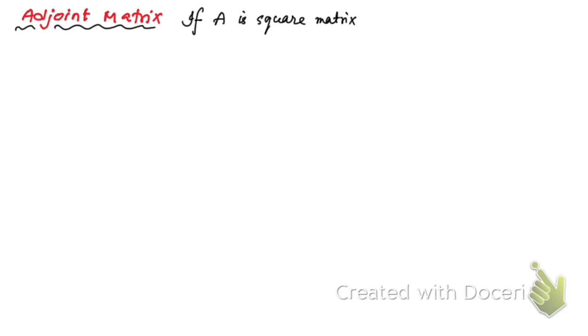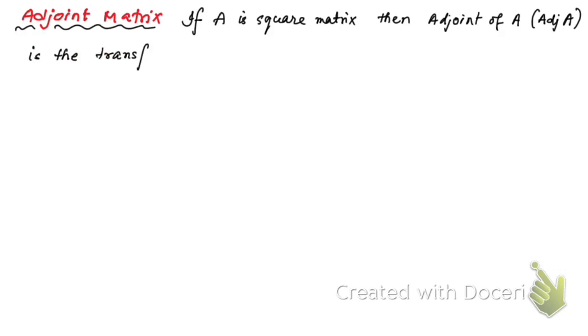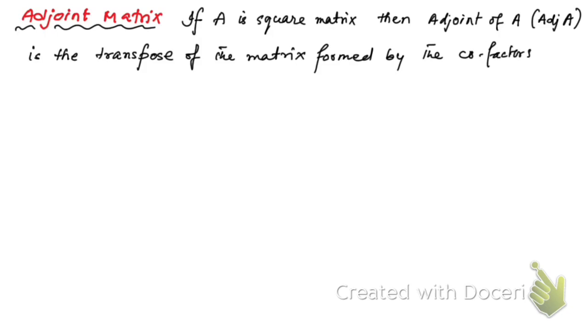Then the adjoint of matrix A, which is represented by adj A, is the transpose of the matrix formed by the cofactors of the elements of the determinant A, right? So let me show you how. Let us take an example.